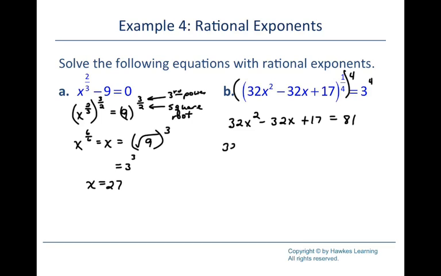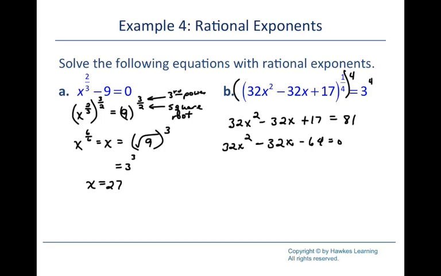Then I'll have 32x squared minus 32x is equal to 81 minus 17, which is 64. So it's minus 64 equals 0.